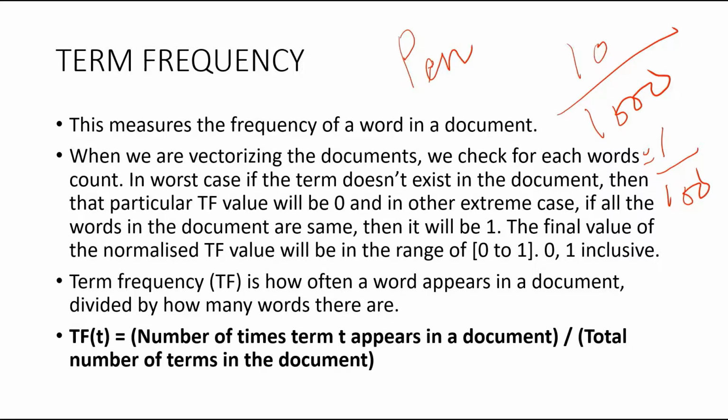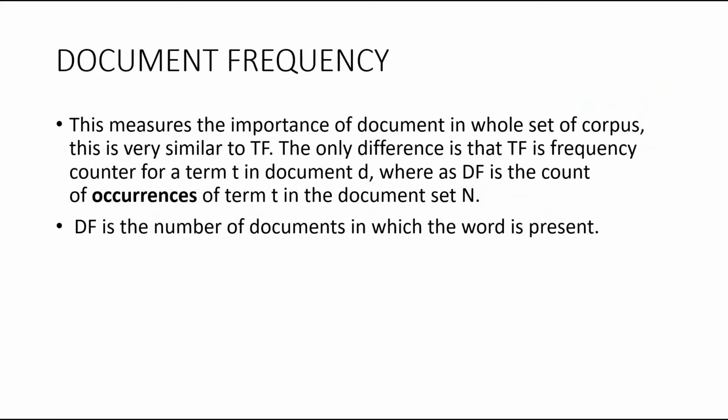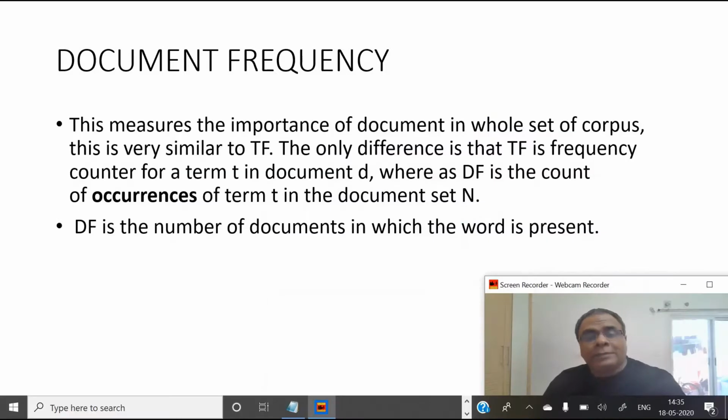This is term frequency. Now I will discuss document frequency. You rarely use it, but I will explain it as well. This measures the importance of a document in the whole set of corpus. It is very similar to the term frequency.